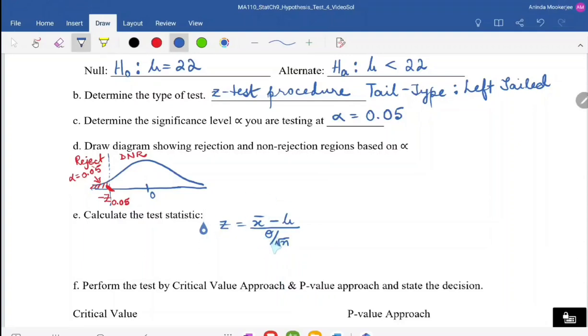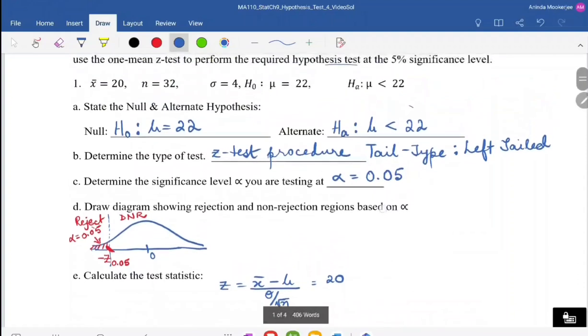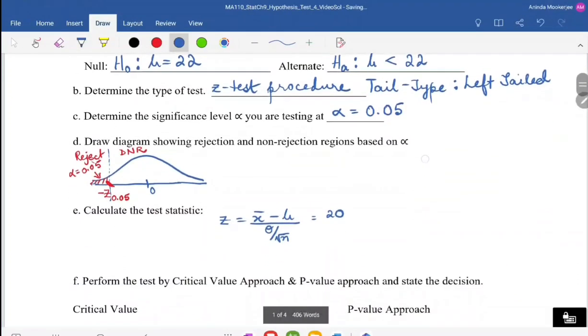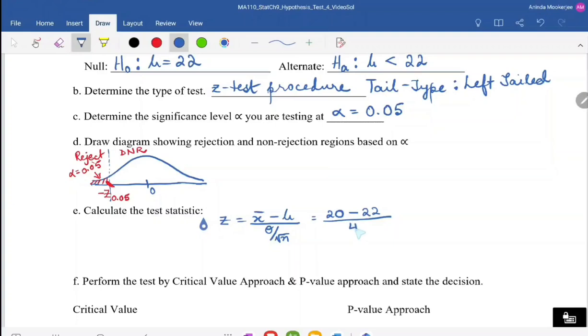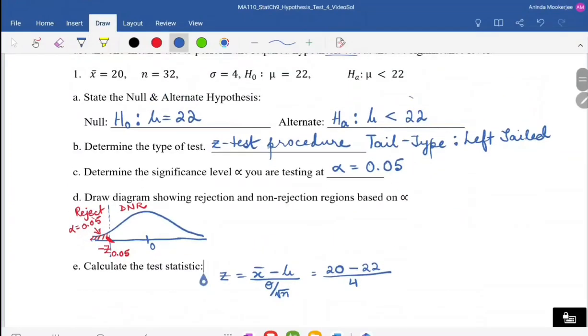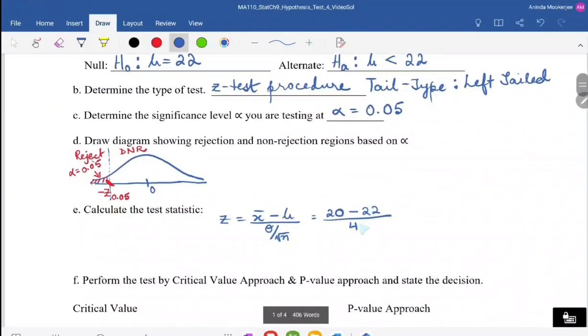But let's plug in the values and find the value for z. X bar is 20, and mu is the null hypothesis mean, so minus 22. Sigma, the population standard deviation, is given as 4, and n is 32, so 4 divided by square root of 32.